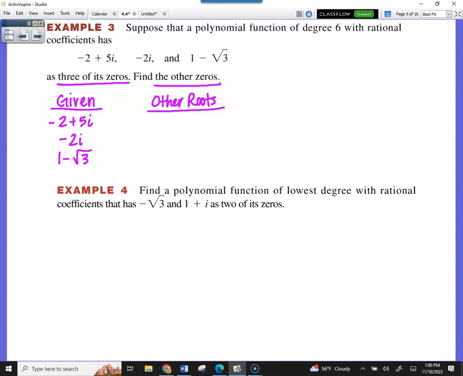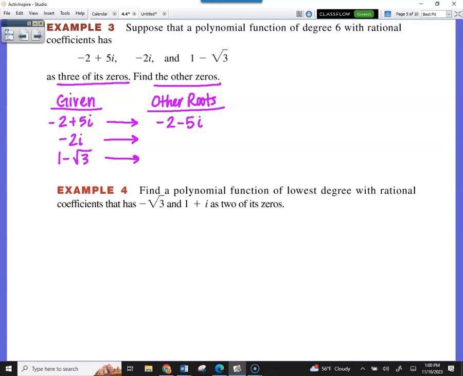So if those are part of the zeros, then what we've learned is that because this has an i and a radical, there's another one they failed to mention. What is the conjugate of -2 plus 5i? -2 minus 5i.